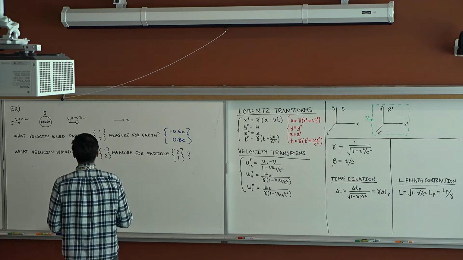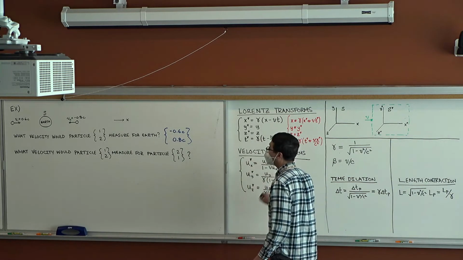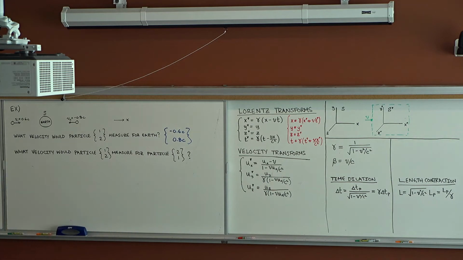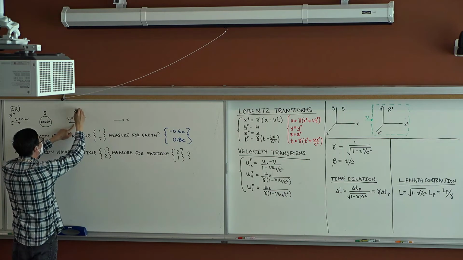So let's apply our velocity transforms. Our standard approach is to name the different frames. I named the one on the left S prime, and I named the one on the right S double prime.